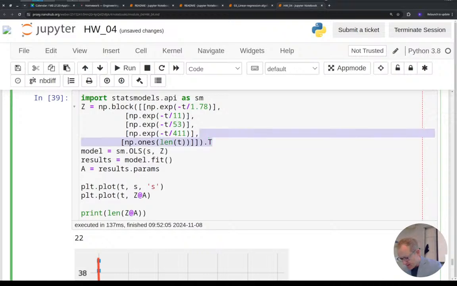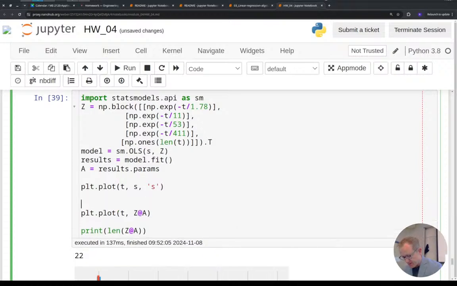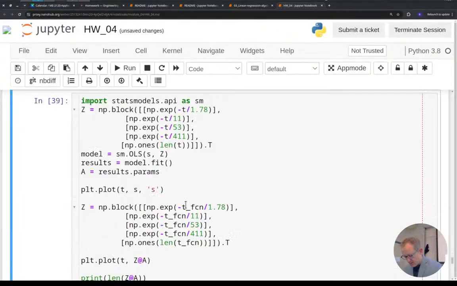If I want to do that, I could take this same Z, copy it down here, and instead of T, I'll call this T function, something like that. Just a new value of time where I'm going to choose how many parts I want.